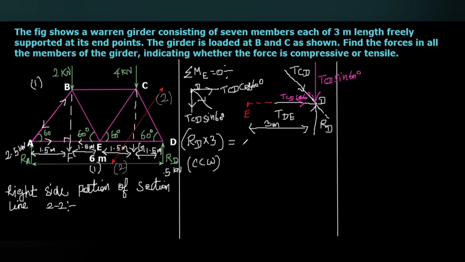So TCD sine 60 multiplied with 3 is the clockwise moment.